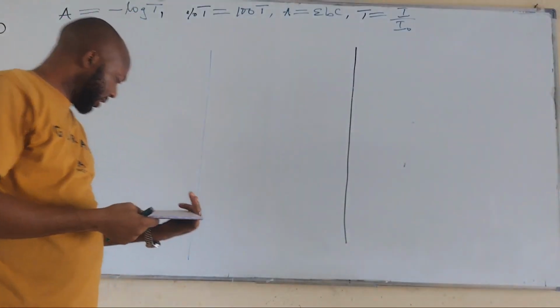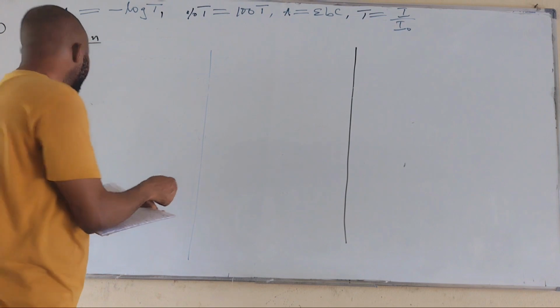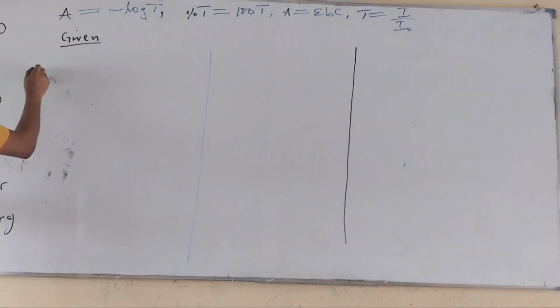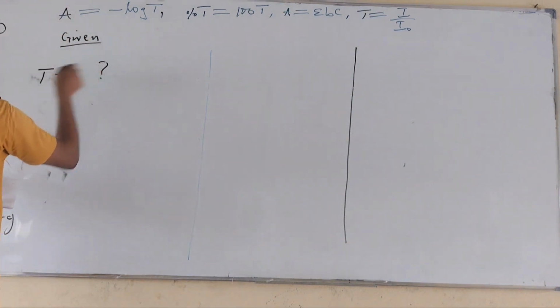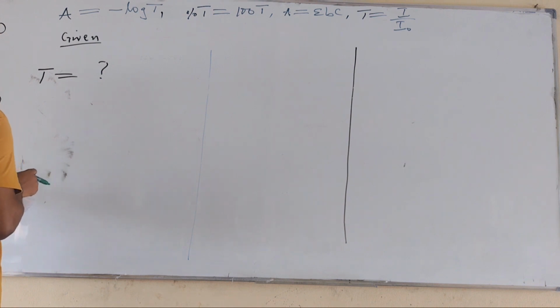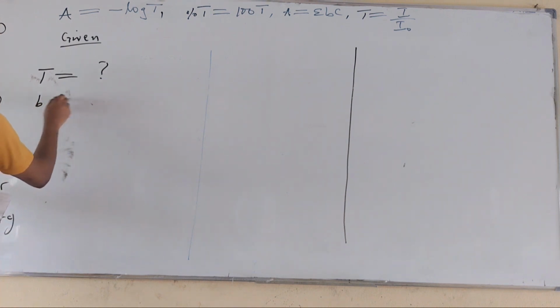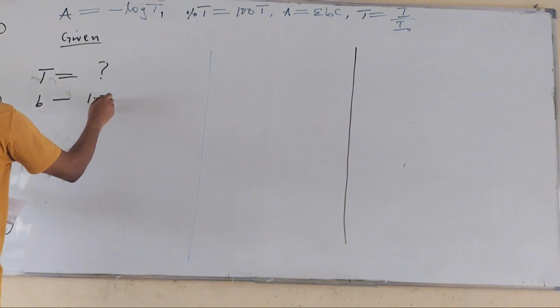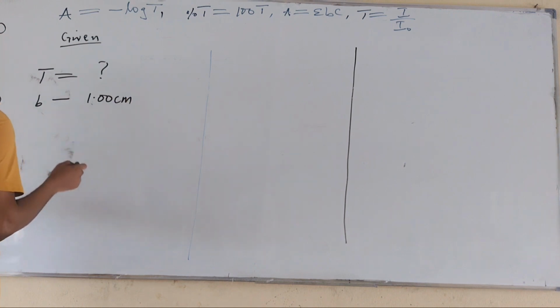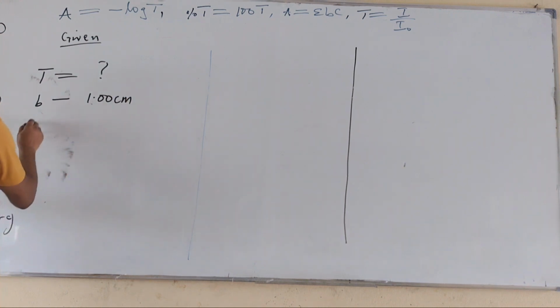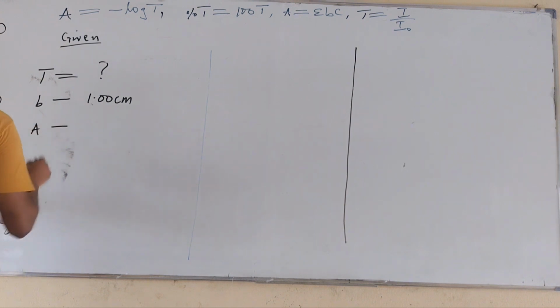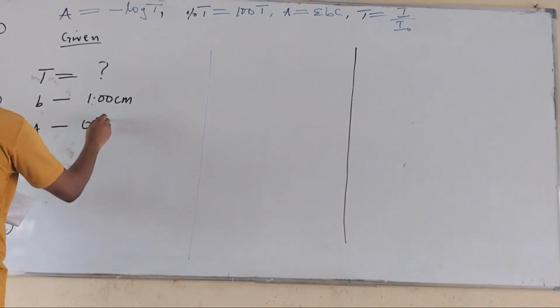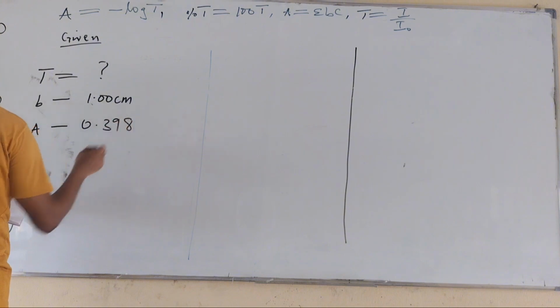It says that we should calculate the transmittance. Transmittance is what we're looking for. The transmittance of a solution in a cell where B is 1.00 cm, given that the absorbance is 0.398.